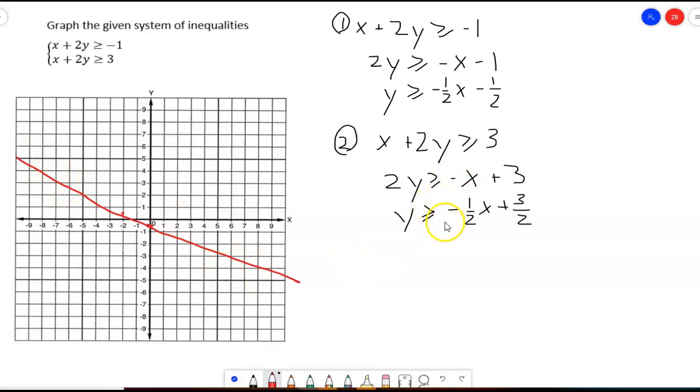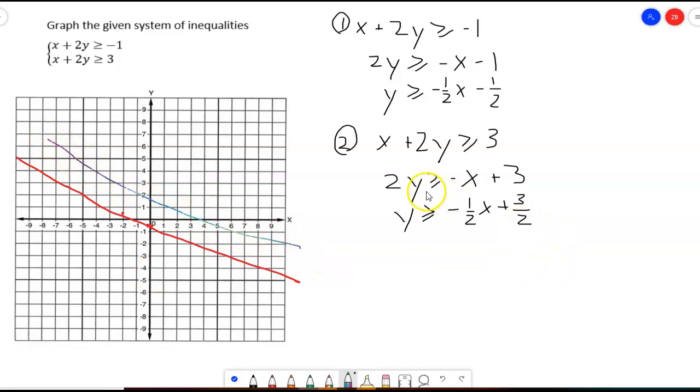And then the other one, which is parallel, has the y-intercept at 3/2, which is 1.5. So we're going to go to the blue one right here, and that's going to be right there.